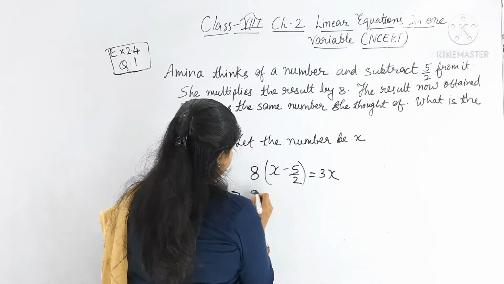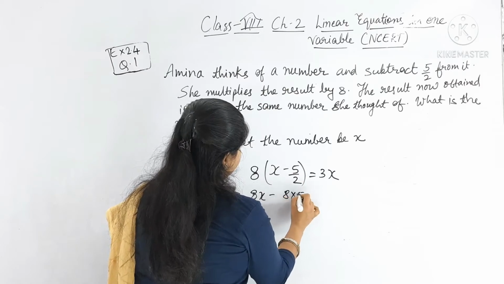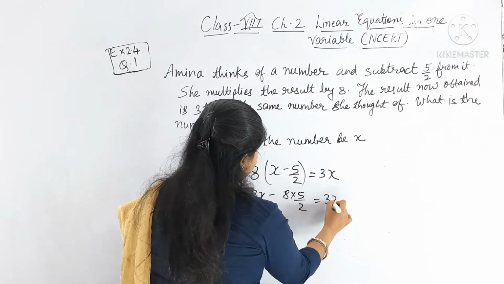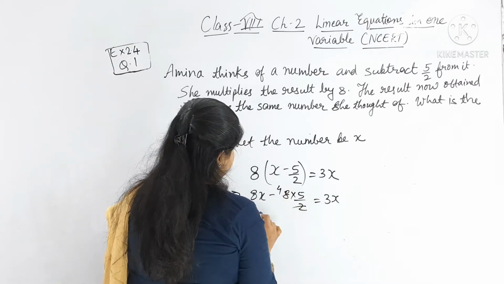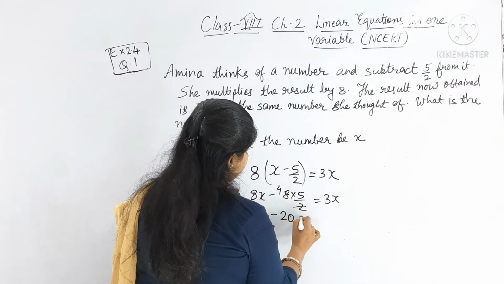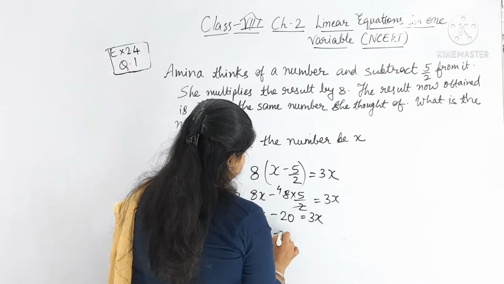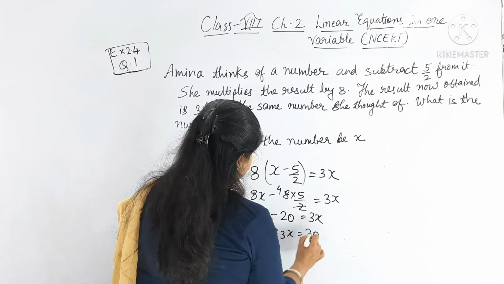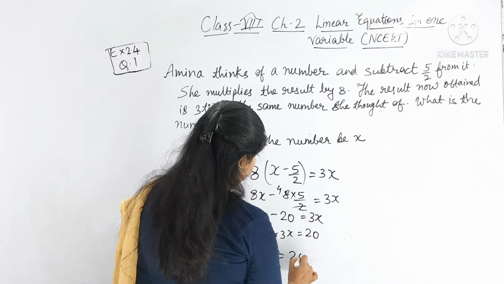Firstly, we have to solve this bracket: 8x minus 8 into 5 by 2 equal to 3x. 2 ones are 2, 2 fours are 8. That is 8x minus 5 fours are 20 is equal to 3x. 8x minus 3x equal to 20. 5x equal to 20.